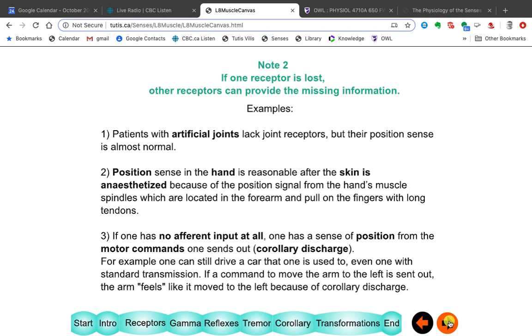Now, if a receptor is lost, the other receptors also provide some of the missing information. So patients with artificial joints lack those joint receptors, but their position sense is almost normal from the spindles.